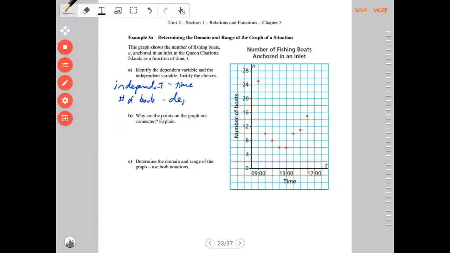Independent is time, dependent is the boats. Now the number of boats depends on the time. So the number of boats is the dependent, the independent is time.